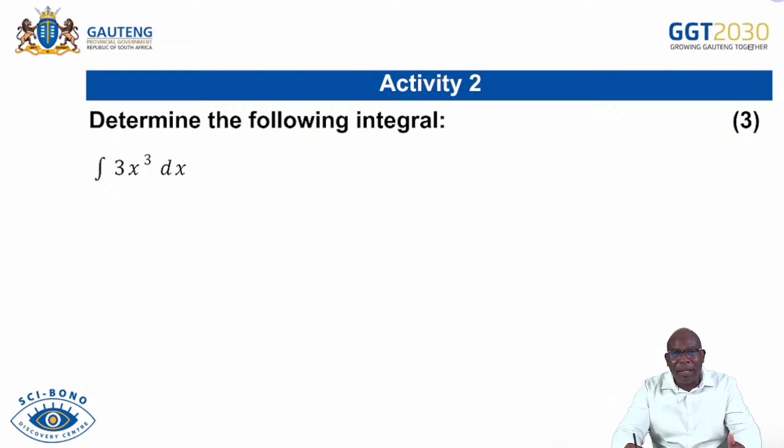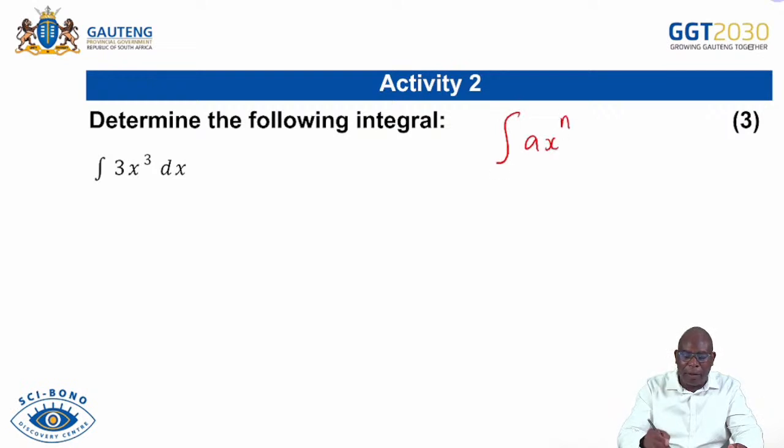The next one here is for 3 marks. So how am I going to get this 3 marks? First of all, we have something like this. I'm having the integral of ax to the power of n dx. You still remember the one that we have done there?